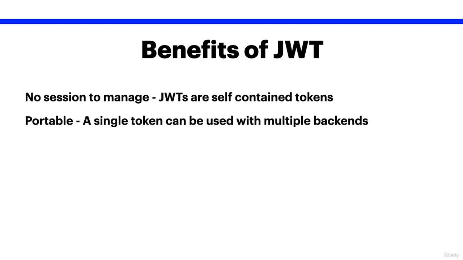So long as the backends all share the same signature, the same secret key, then they can all verify that a token is valid. Also, no cookies are required, which means that JWT tokens are mobile friendly. Mobile phones do not deal with cookies, whereas they can deal with a JSON Web Token.